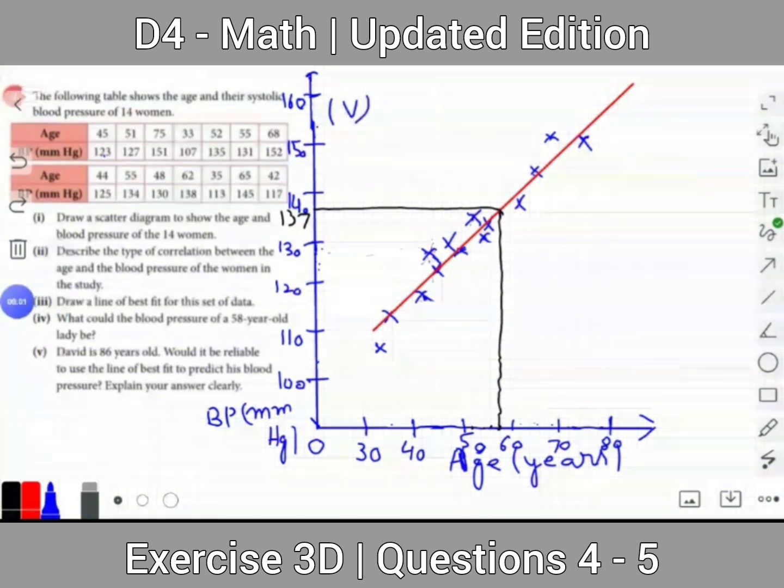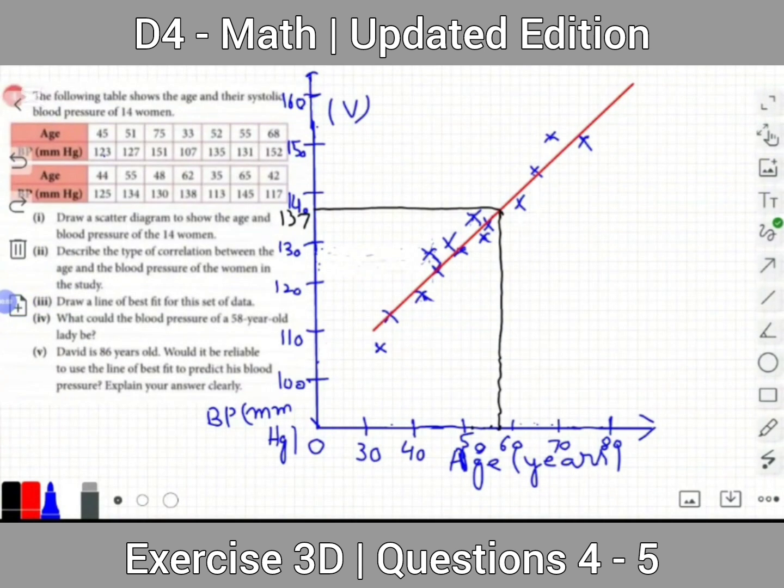In part 5, David is 86 years old. Would it be reliable to use the line of best fit to predict his blood pressure? Explain your answer clearly.